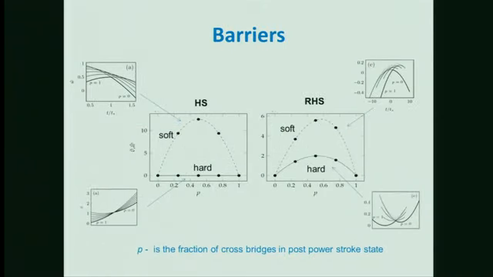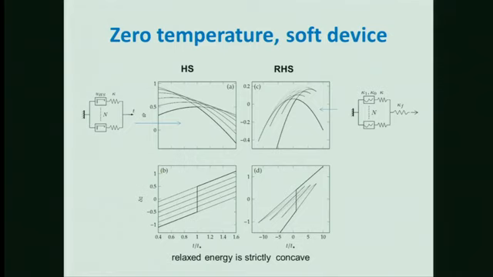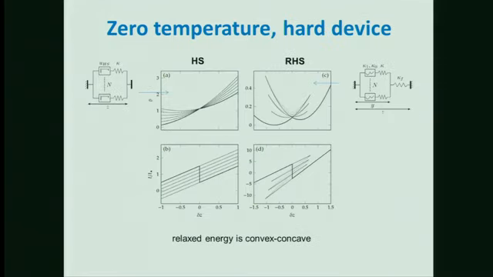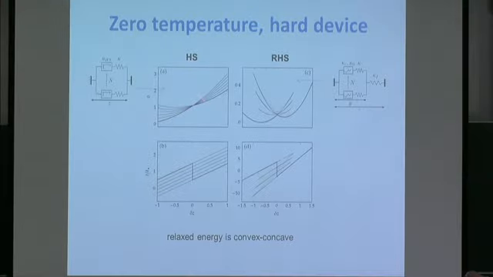Now, it's interesting to look at the barriers, because this is a beginning of understanding of why behavior in a soft device and hard device is different. So, what is happening in this point? Up to here, all units were in one conformational state, and in this point, they switch to another conformational state. So, it happens here in this kind of brutal way.